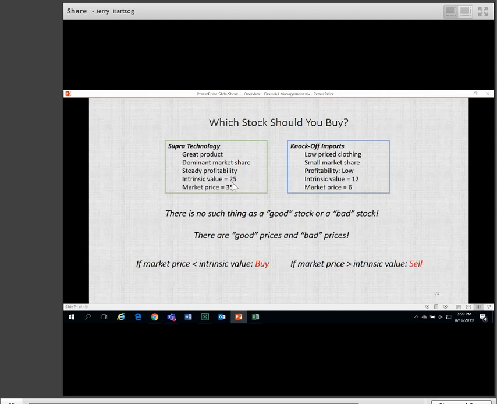It's less than half Super Technology, but its market price is 6. So a couple easy rules. The market price is less than intrinsic value, you want to buy. You're getting it cheap. The market price is greater than intrinsic value, you do not buy, you want to sell. So which stock? Well, Knockoff Imports, that's the good buy. Super Technology, you're destined to lose money, regardless of how great a product it was.